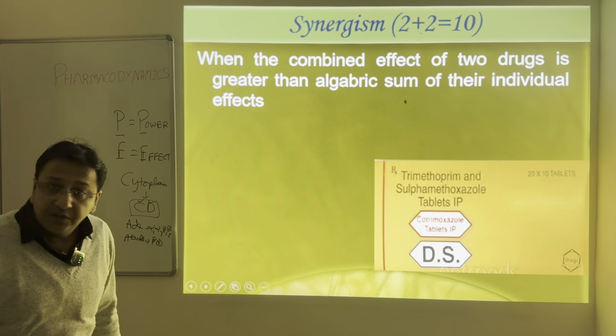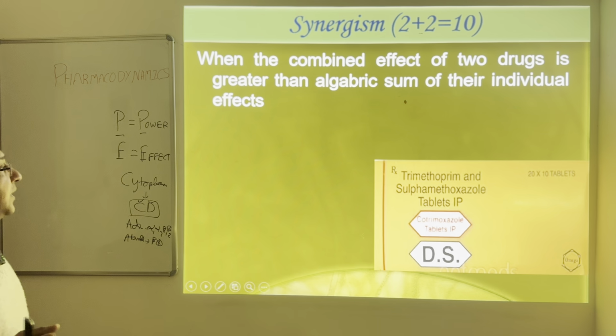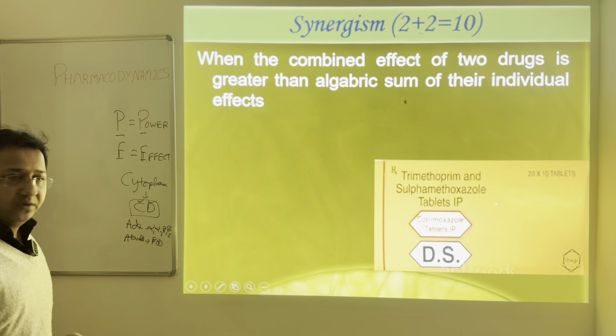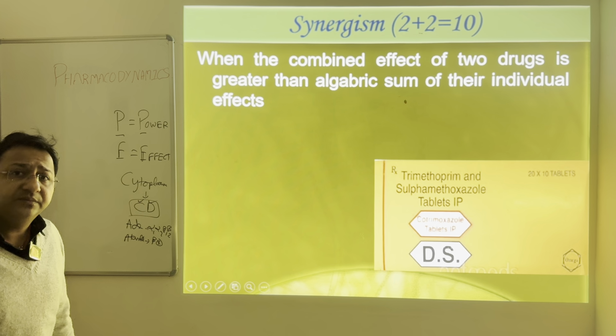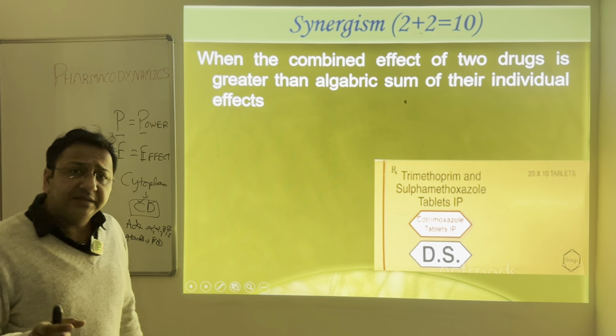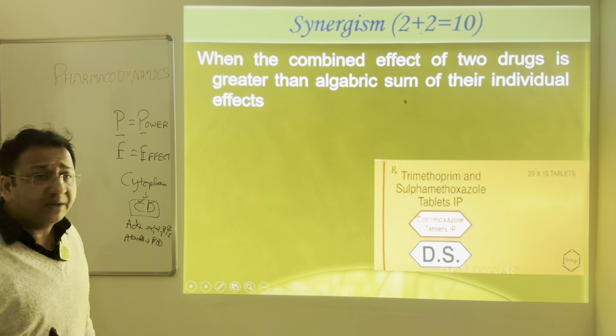For example, cotrimoxazole. Cotrimoxazole has two parts, trimethoprim and sulfamethoxazole. Why has 2 plus 2 become 10? The reason is trimethoprim and sulfamethoxazole both are bacteriostatic drugs.